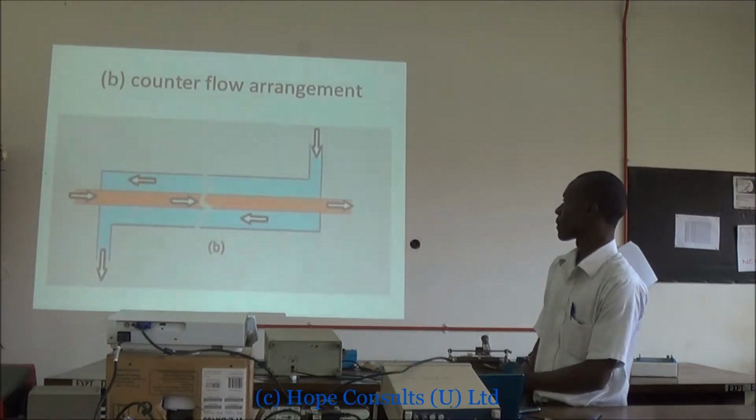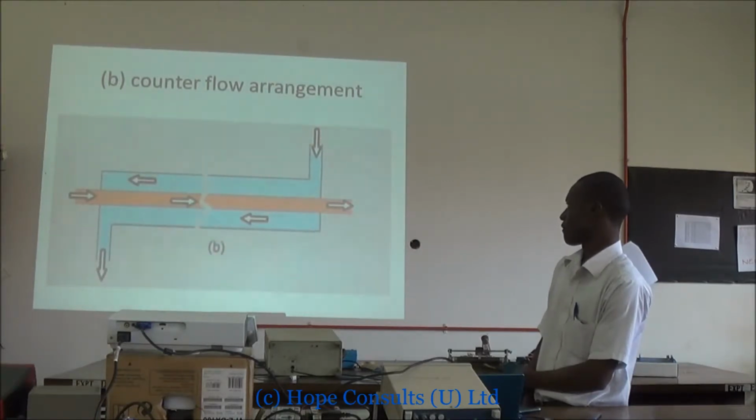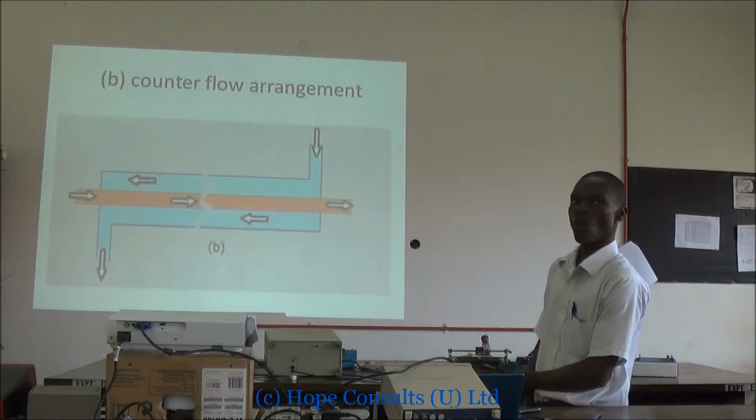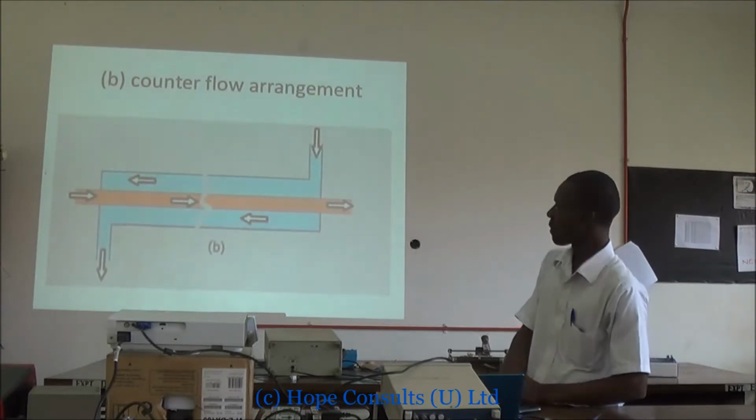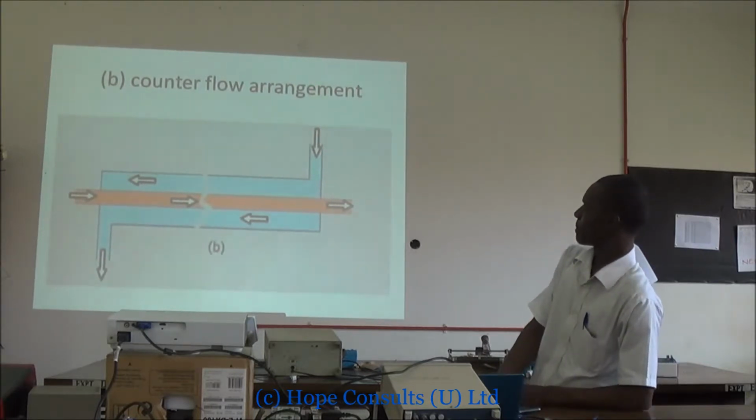And as it is gaining, the blue liquid is losing. When they move in the same direction, they reach a point where, as they get out of the outlet, the liquid being heated up will be at the same temperature as the liquid which is entering in.